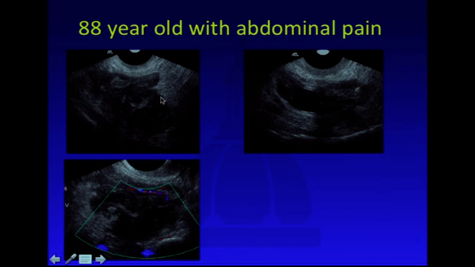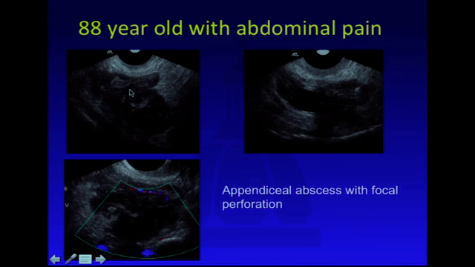Not much different, it just looked a little funny, but there is not that much flow, but still solid and cystic components. The thing we didn't realize at the time was that this was very close to the loop of bowel here. Then it turned out at surgery that she had an appendiceal abscess with focal perforation and sort of a chronic abscess. So just something to keep in mind.